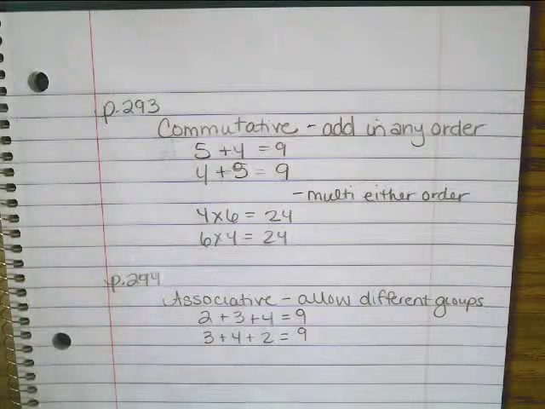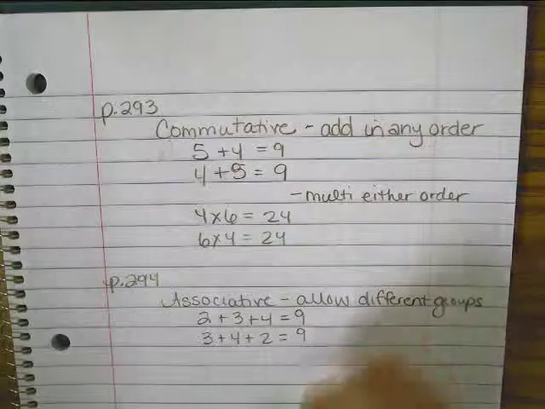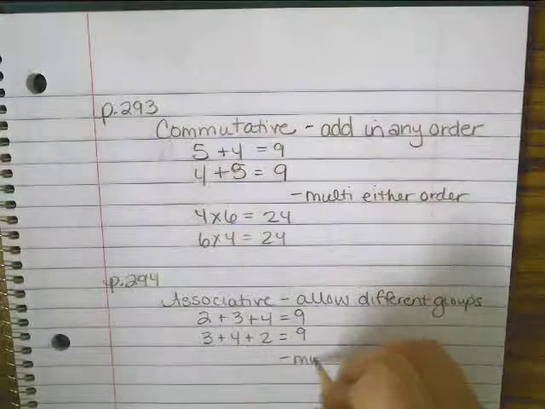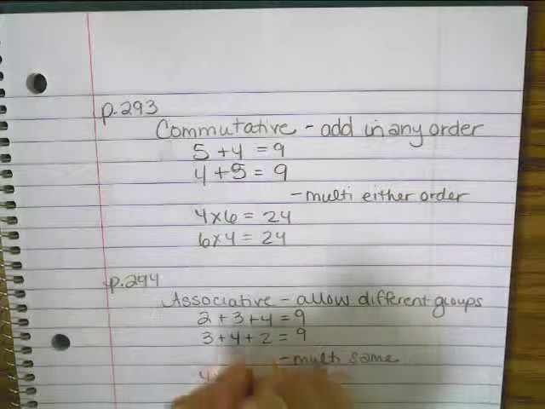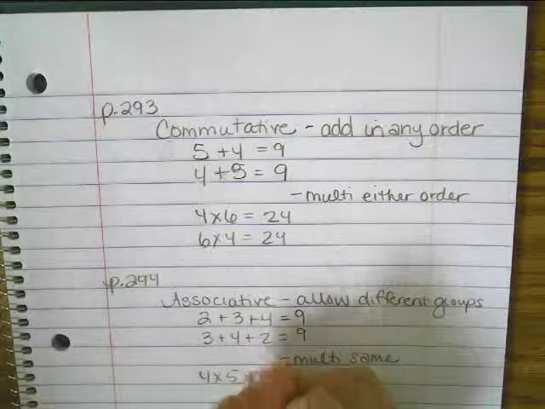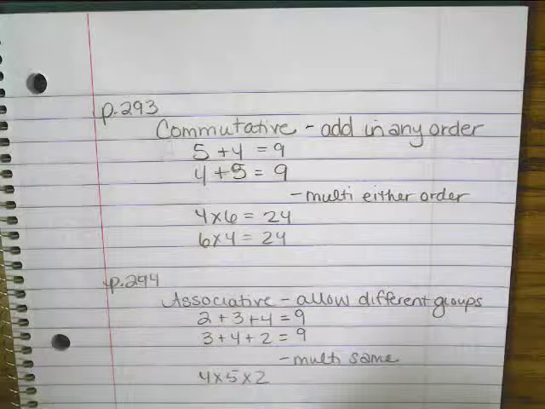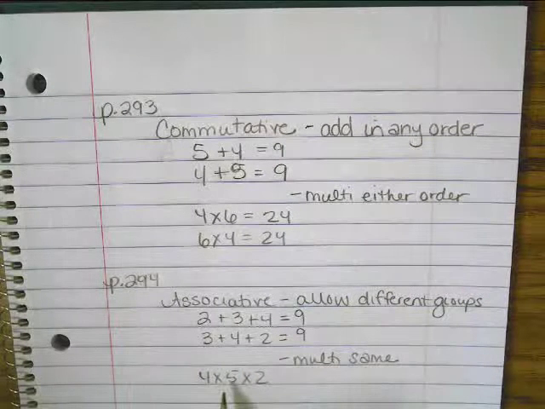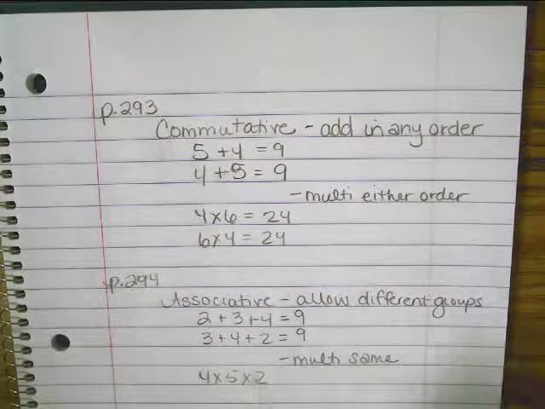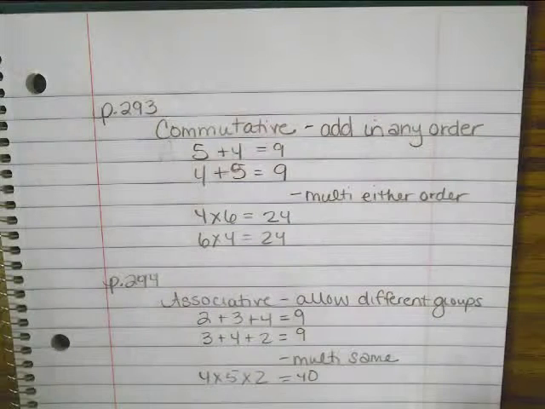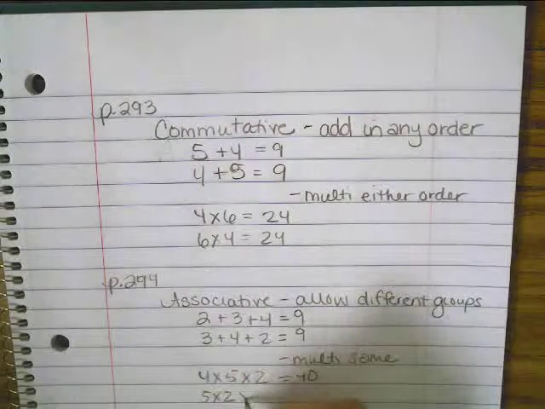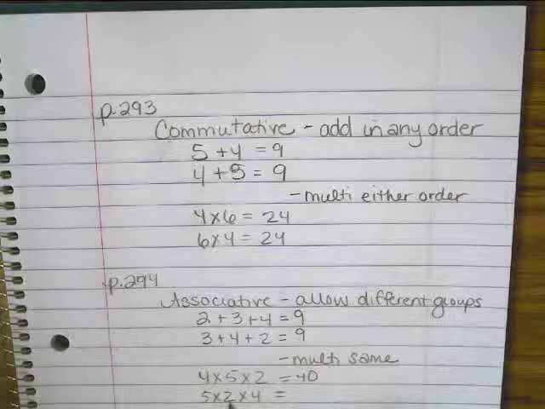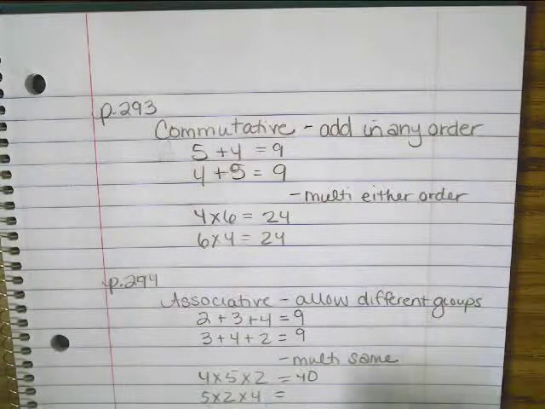It also works the same in multiplication. So if we have 4 times 5 times 2, for me, 4 times 5 is easy because that's 20, and 20 times 2 gives me 40, right? But maybe it's easier to go 5 times 2 times 4, because 5 times 2 is 10, and 10 times 4 is 40.